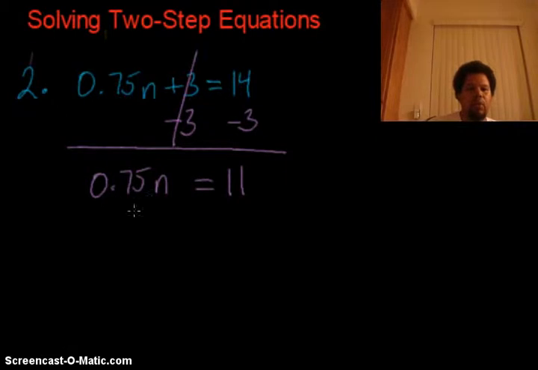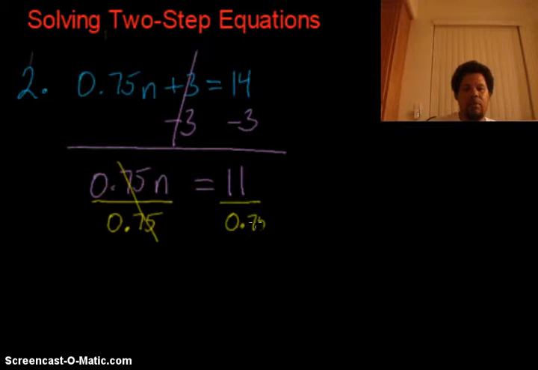Step 2, we want to continue to isolate n. It's being multiplied by 0.75, so the inverse is to divide by 0.75. That will cancel it out, but whatever I do to one side, I do to the other side, 0.75.